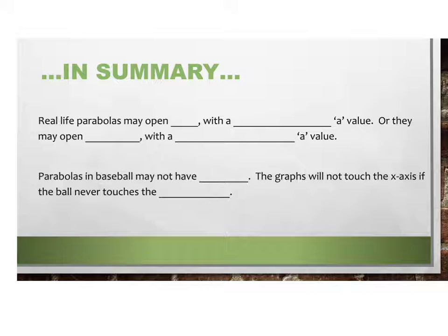Real-life parabolas may open what, with a what A value? Or may open what with a what A value? Well, since this space up here is a little smaller, I'm going to put up, which means it must have a positive A value.